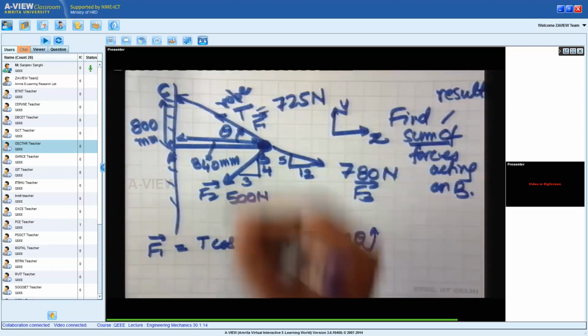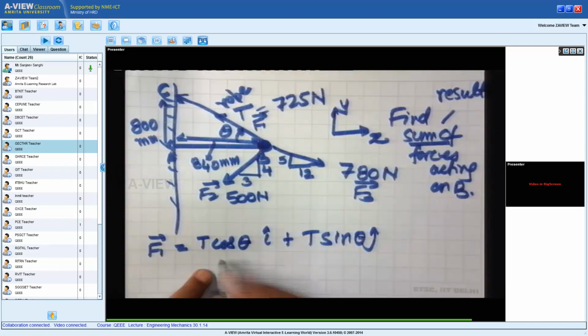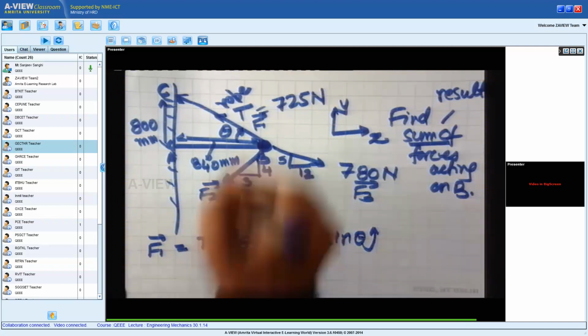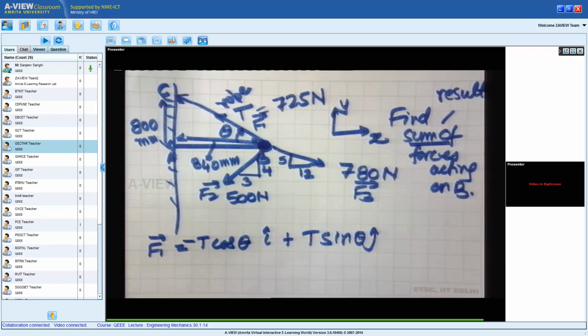So now notice I have taken theta with the minus X axis, that is why I put it as just T cos theta, and along with this, if theta is the angle with the minus X axis, I should put a minus sign also.